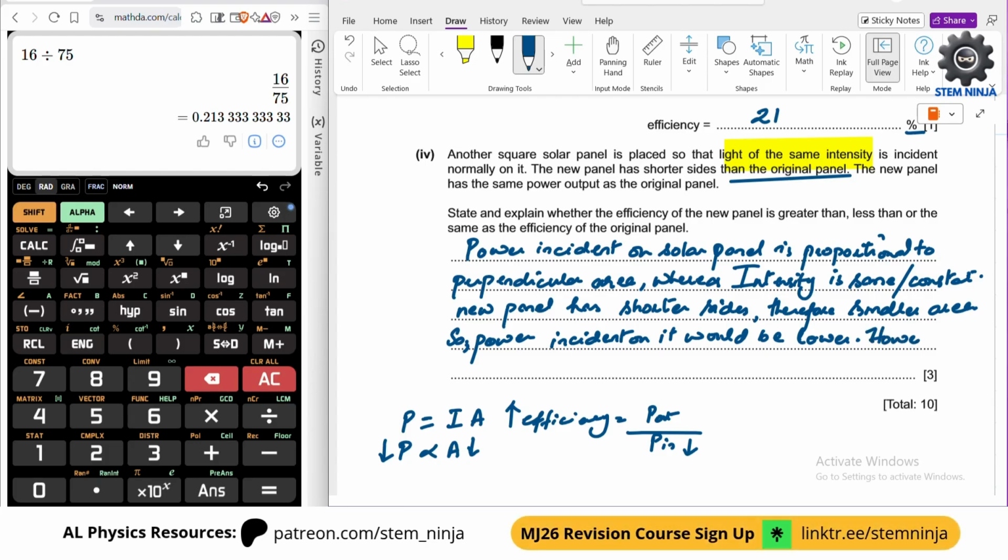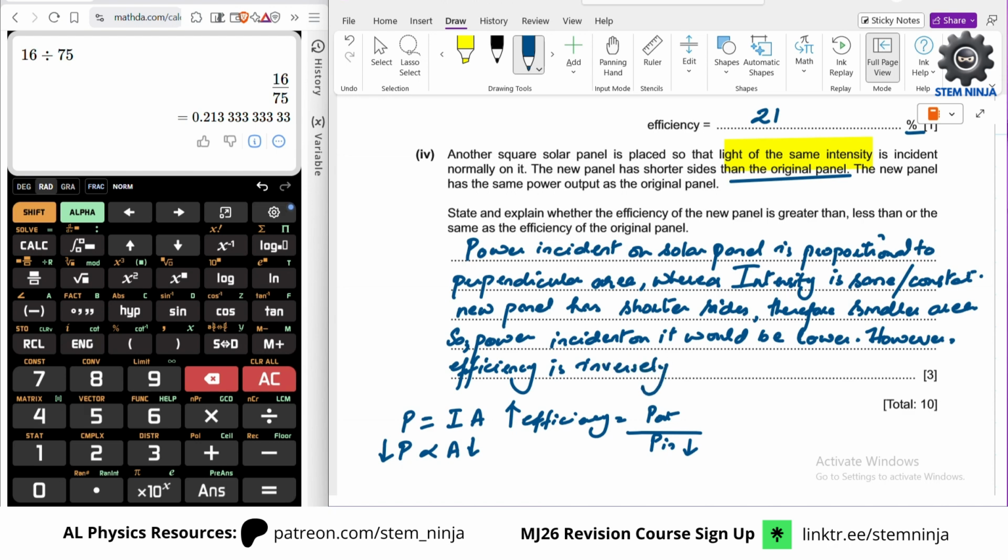However, efficiency is inversely proportional. You can also say that efficiency is the ratio of power output to power input. So if power input has reduced, efficiency has increased.